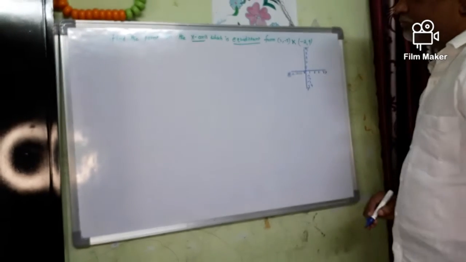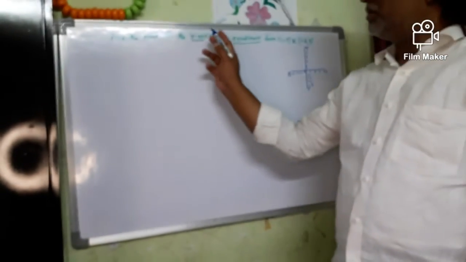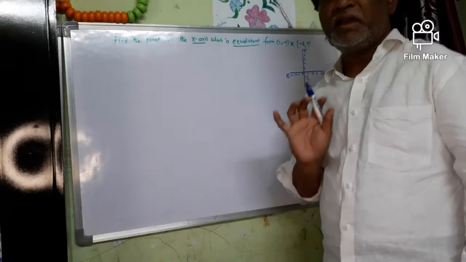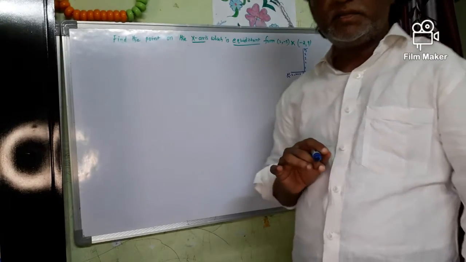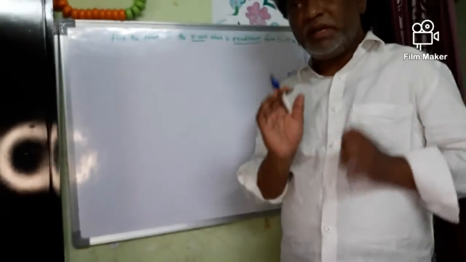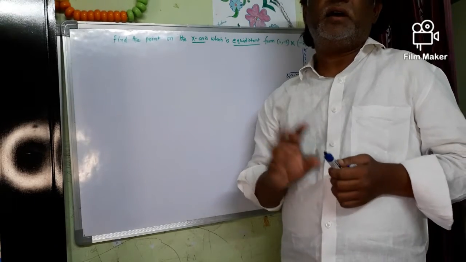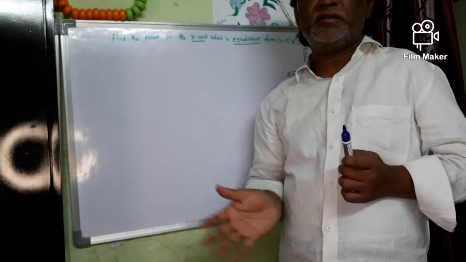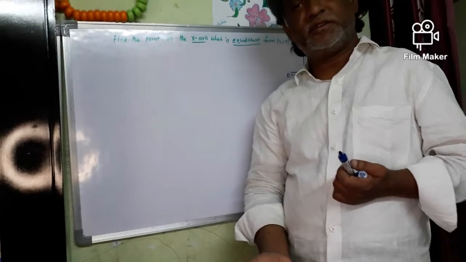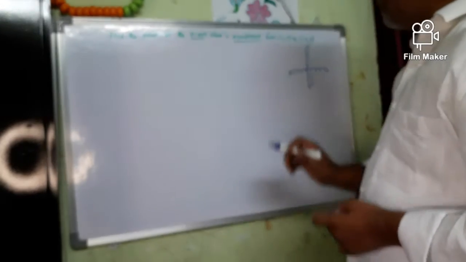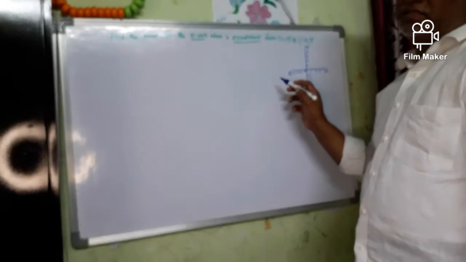A point on an axis: on the x-axis, y is equal to 0. On the y-axis, x is equal to 0. Simple. So we want a point on the x-axis.